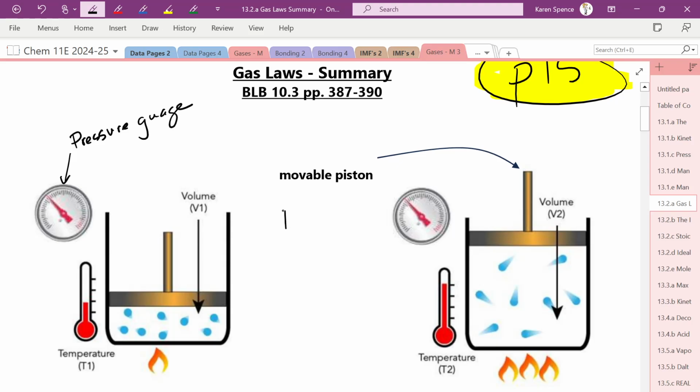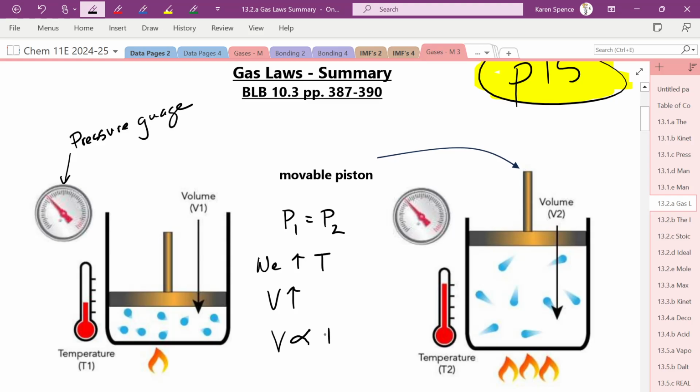Pressure. So P1 equals P2. That is staying constant. What are we changing here? We increase the temperature. And what happens to the volume? The volume increases.